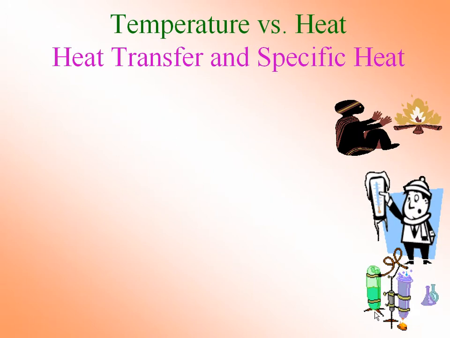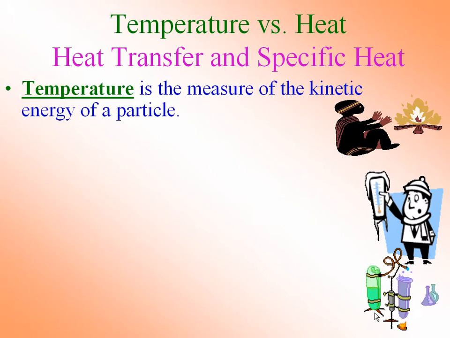Temperature versus heat, heat transfer and specific heat. Temperature is the measure of the kinetic energy of the particles. Particles are always moving, so the hotter the temperature, the faster the particles are moving.